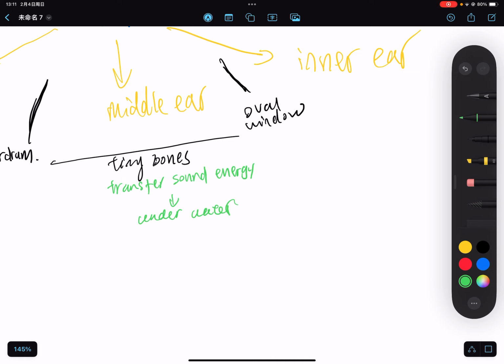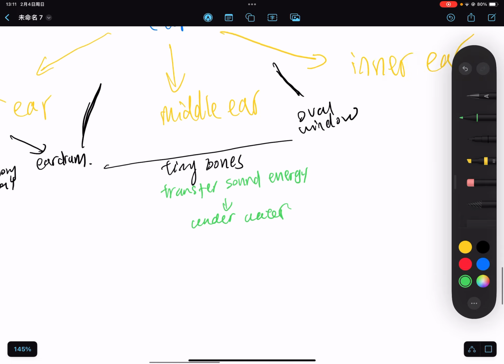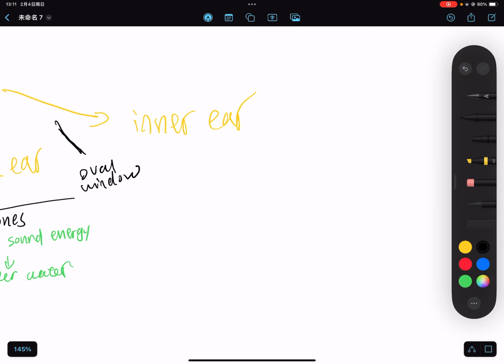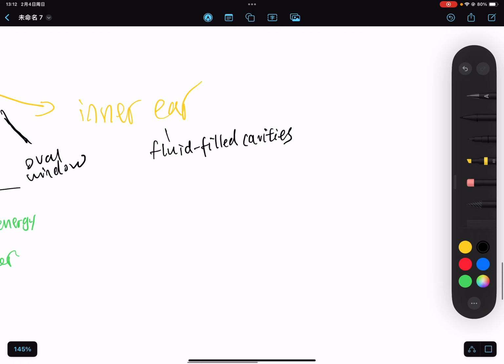And let's talk about the final part, the inner ear. The inner ear contains two sets of fluid-filled cavities. One set is called the vestibular system, and the second part is called the cochlea.